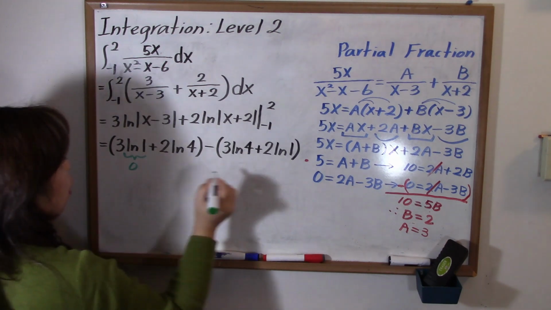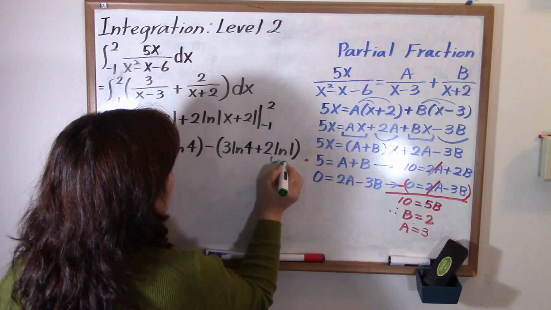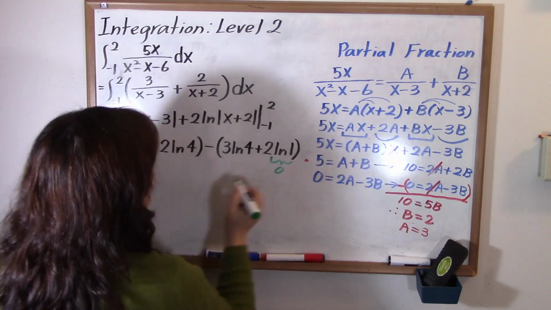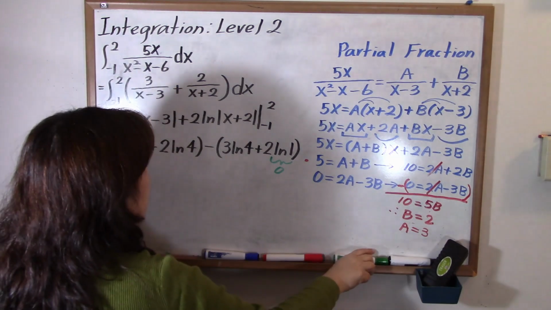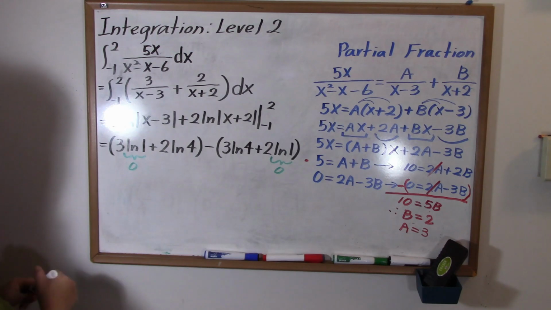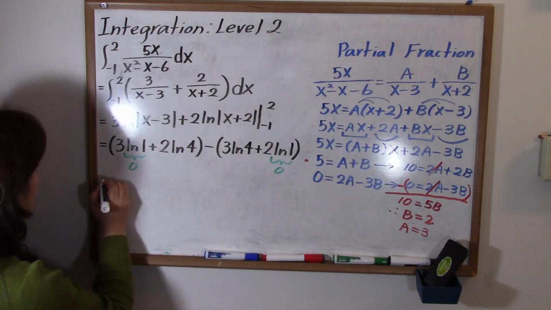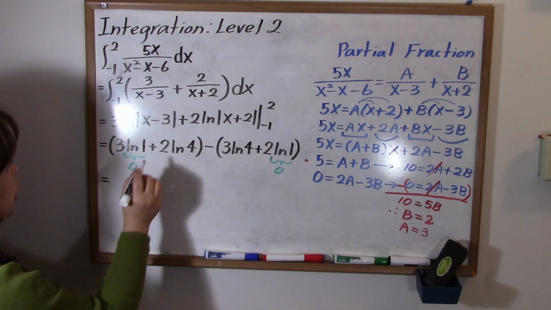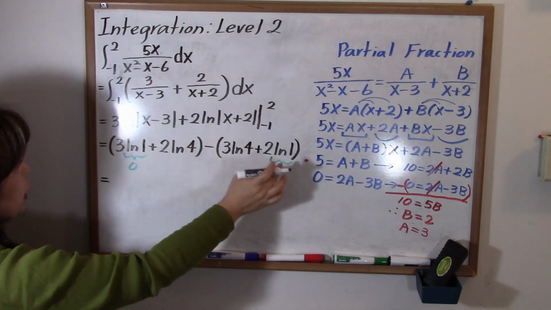And then next I'm going to show you, ln 1 is 0. And ln 1 is 0. We don't have to calculate this term and this term, okay? So we're going to organize. This is 0. This is 0.